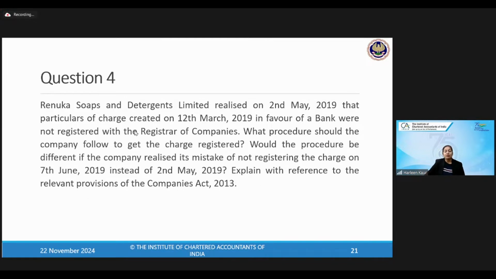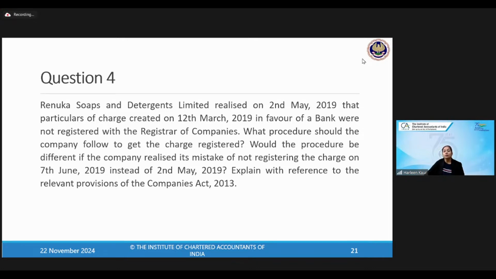Let's read this question. Renuka Soaps and Detergents Limited realized on 2nd May that particulars of the charge created on 12th March in favor were not registered with the ROC. So the charge was created on 12th March. Within 30 days, it should have been registered, but on 2nd May, so April crossed, May crossed, they realized that it is not registered.